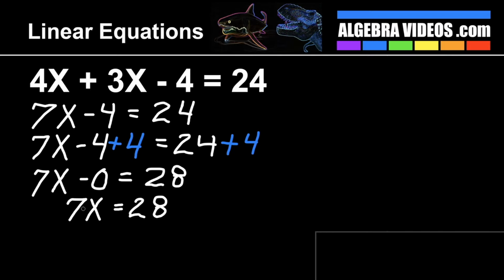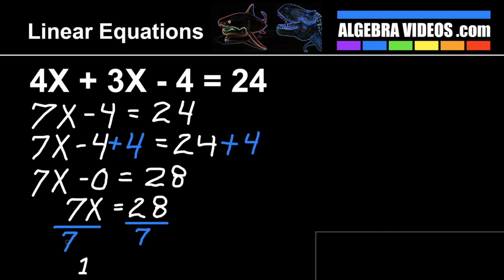Now we're almost there. We just have to get rid of this 7 on the left side. I'm going to use that same rule that I can do anything I want to one side of the equation as long as I do it to the other side of the equation. So I'm going to divide both sides by 7. 7 divided by 7 is 1, right? Anything divided by itself is 1.